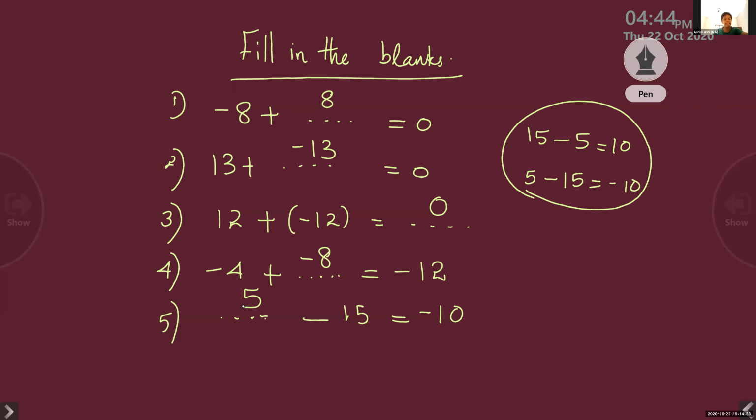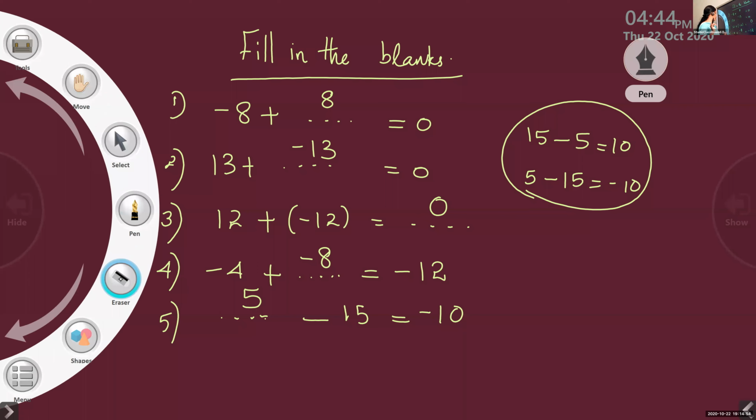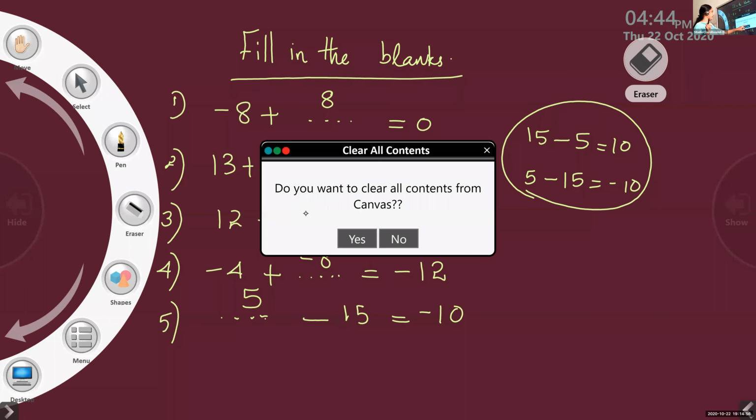It is very interesting, very easy. Okay. Shall I erase now? Yes, ma'am. So I'm going to erase. Now we'll move to the next important one.